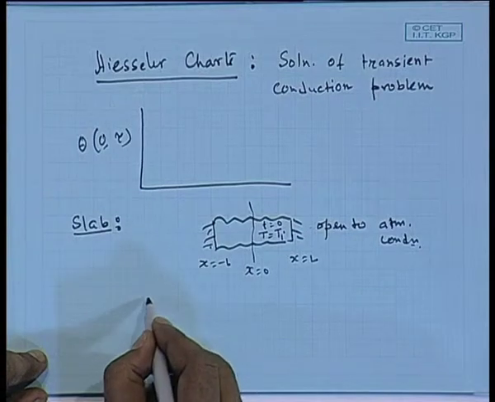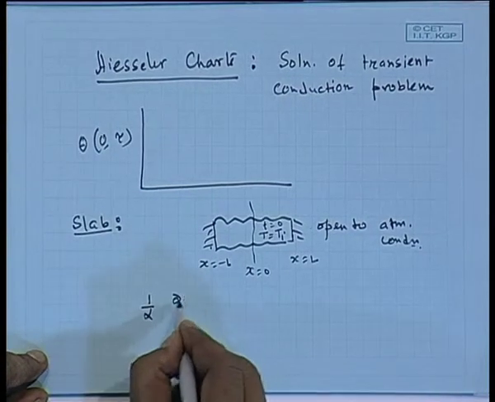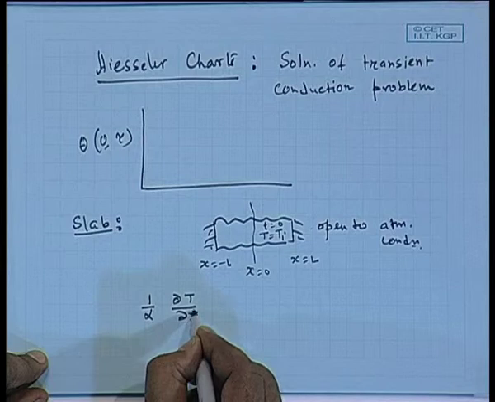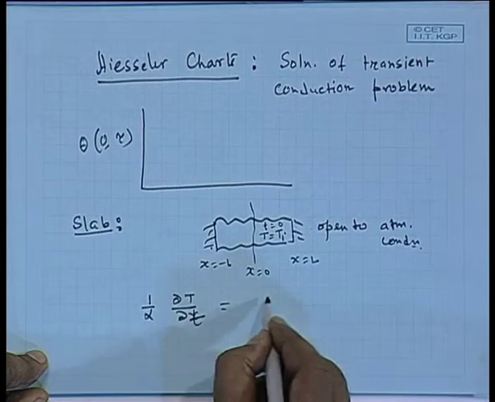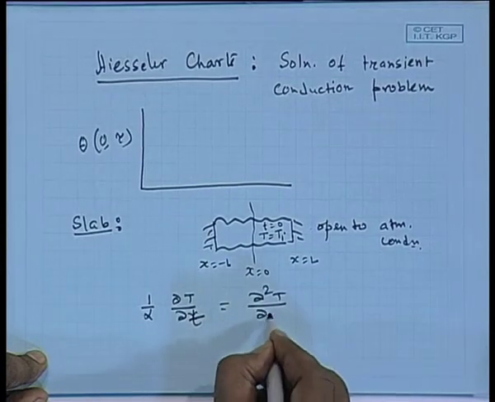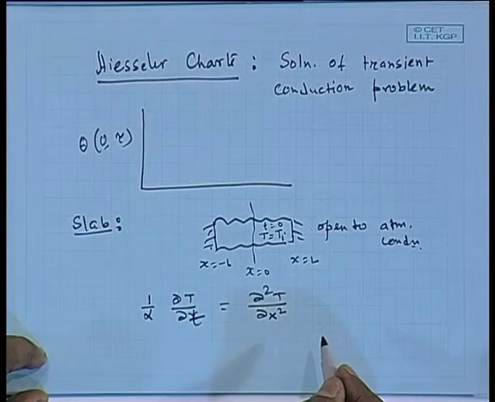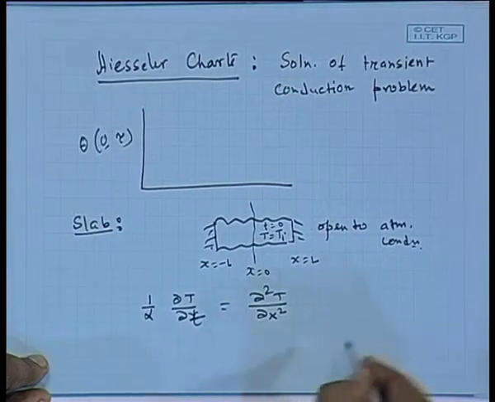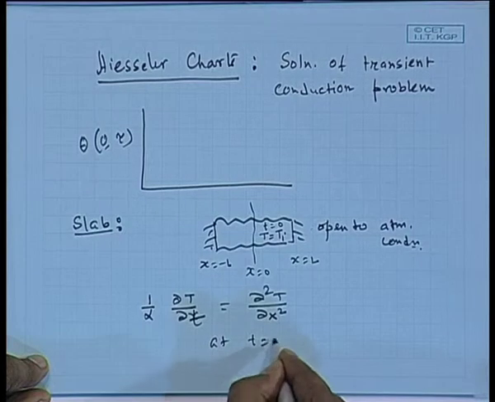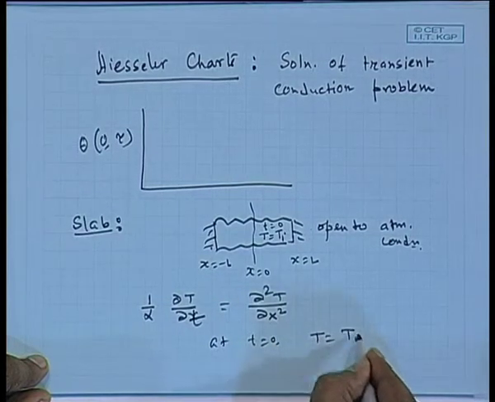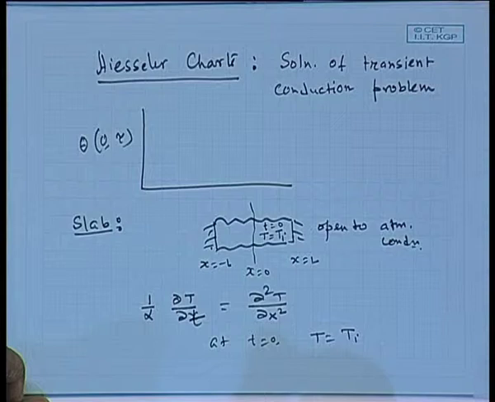The governing equation will be 1 by alpha del T by del t is equal to del squared T by del x squared. The initial condition will be at t equal to 0, my temperature was equal to T_i.